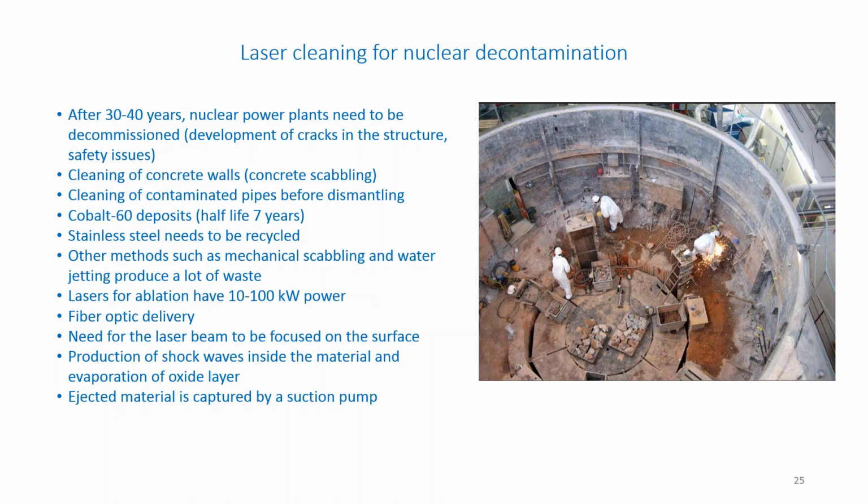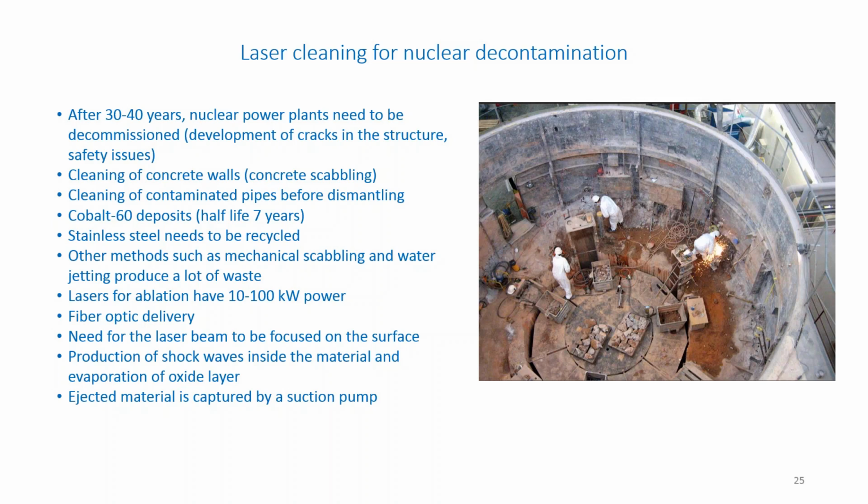There is usually a cobalt-60 deposit on these, which has a half-life of 7 years, and there are also stainless steel pipes that have been coated by this cobalt-60, so they can be reused and recycled if you remove the contamination.